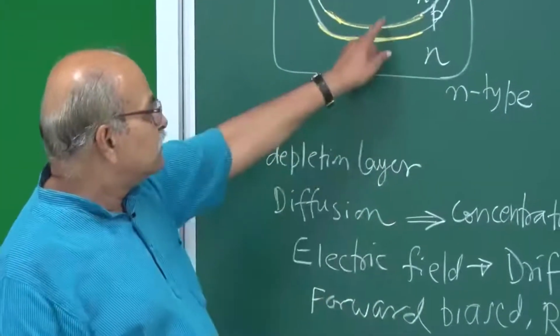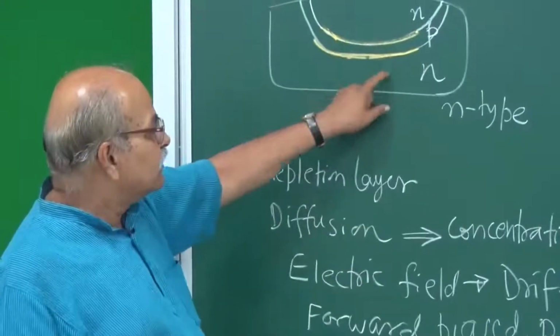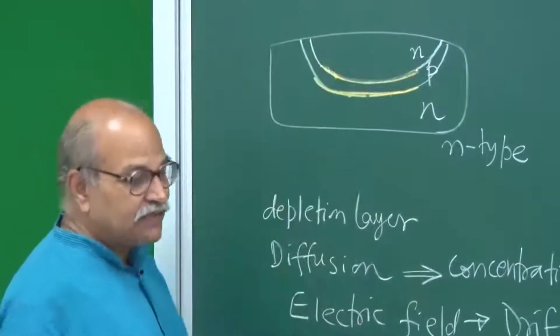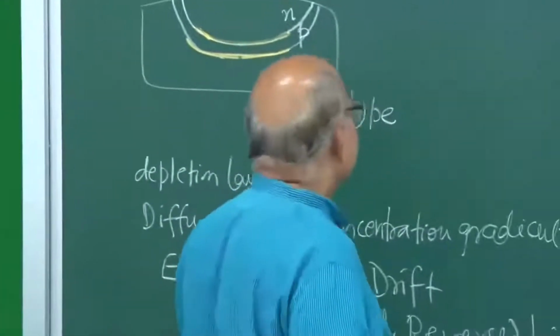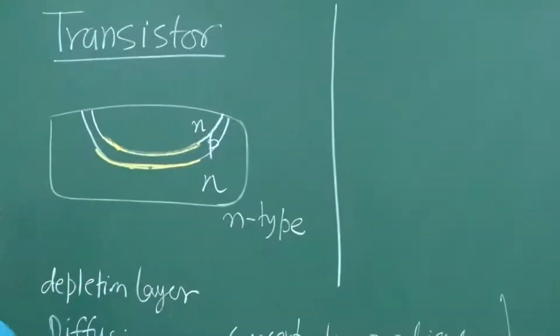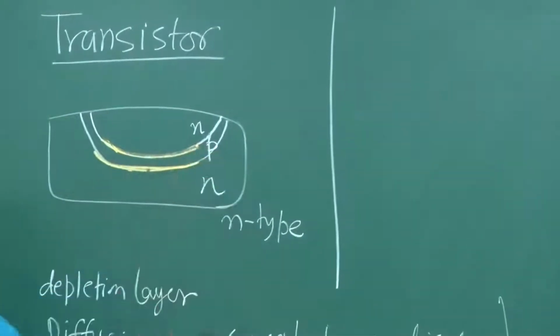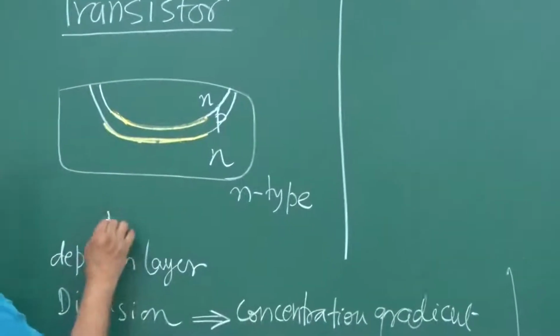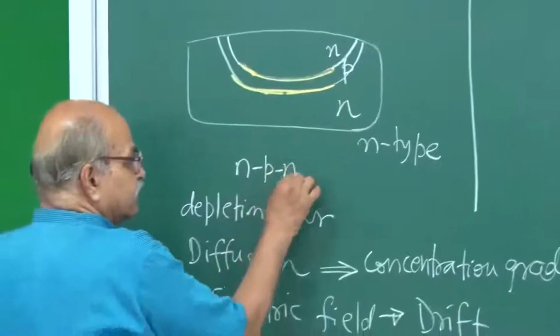So there are some geometrical and doping characteristics to make it a transistor and give it the properties of a transistor, and that is this middle region, this P here. Okay, by the way, this is called an NPN transistor.